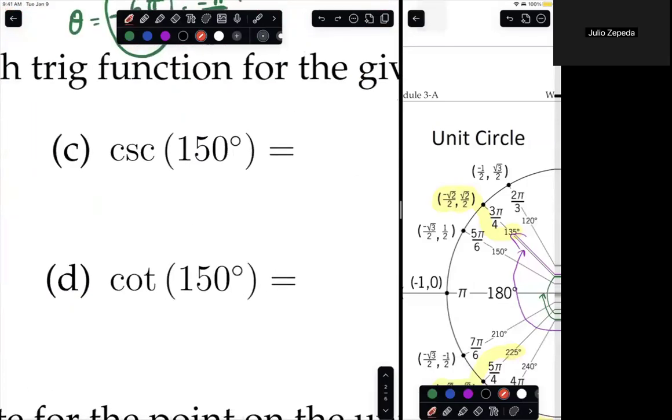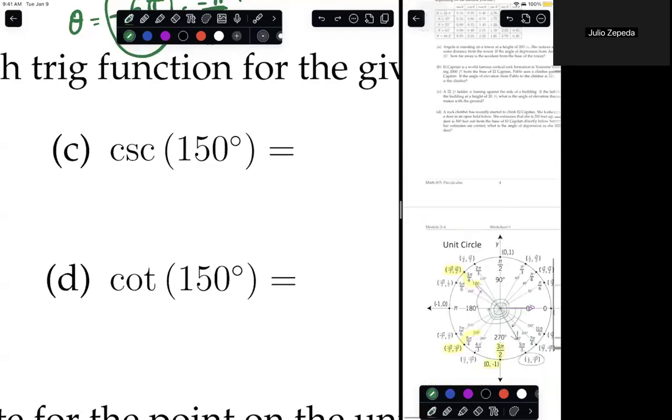Now we get to just the reciprocal trig functions. So the cosecant of 150 degrees. Let me switch colors here. And let me delete a bunch of this stuff here in the unit circle.